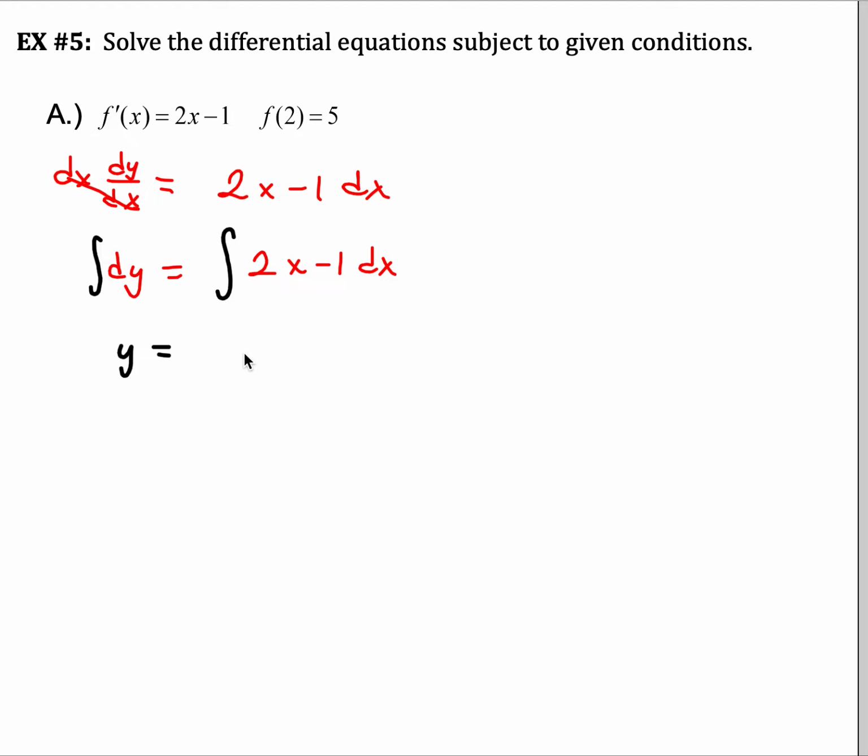And we're left with y is equal to the integral of 2x minus 1 with respect to x. And now we could go ahead and actually solve that.